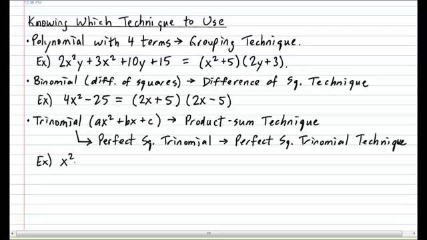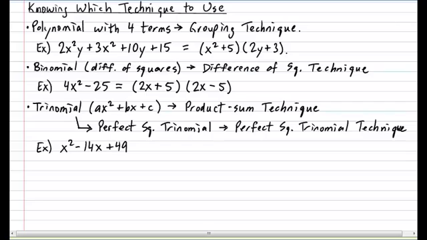X squared minus 14x plus 49. So like I mentioned, whenever I see a trinomial of the form something x squared, something x, and a number, I usually jump right away to the product sum technique.